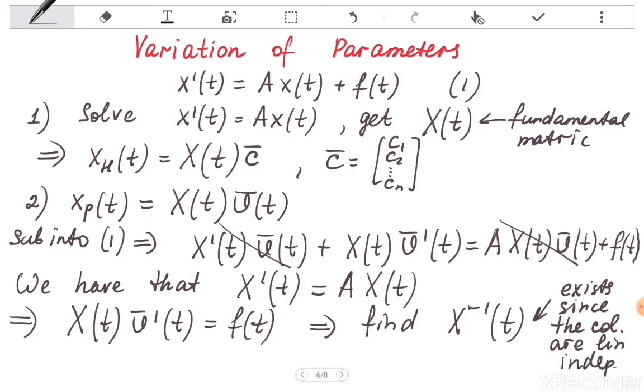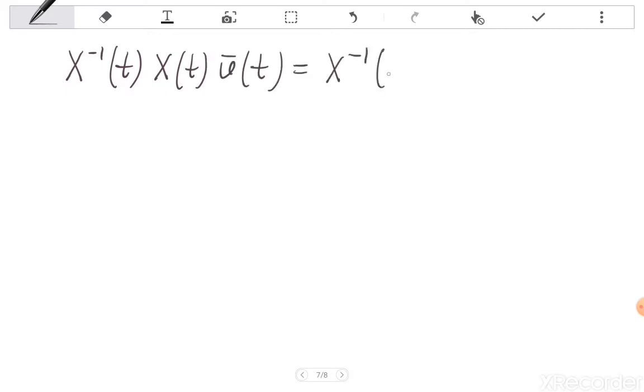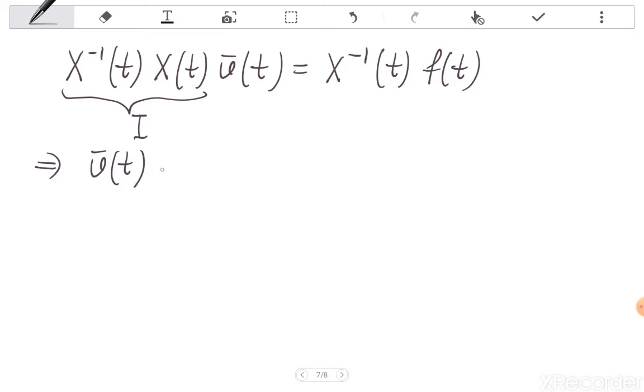So we multiply both sides by x inverse, and this will give us the identity matrix, and so the derivative of v of t is x inverse of t times f of t.